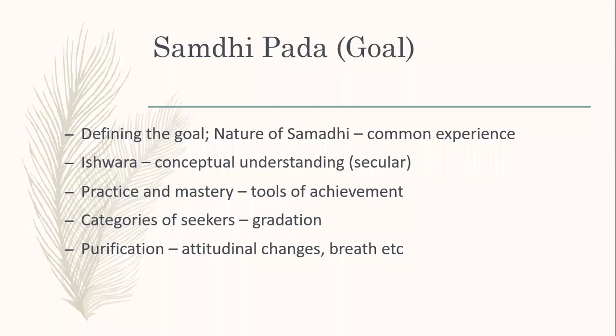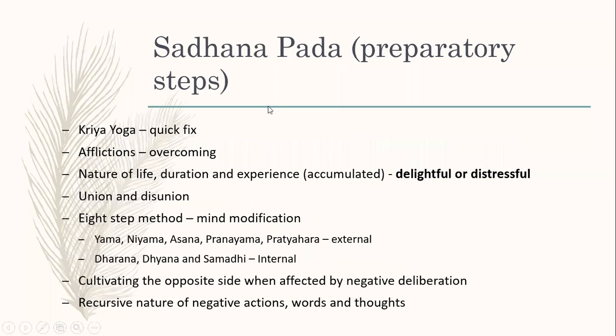So we were also dealing the next chapter, next pada, that is sadhana pada, being kriya yoga. Sadhana is basically the practice that you do. Any practice you do in yogic tradition is called sadhana.